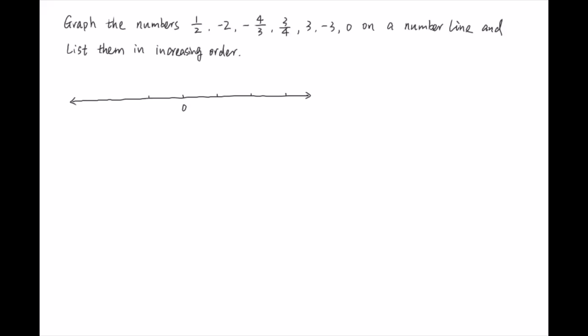Here's -1, -2, -3. Now we use the red color to graph these numbers on this number line. First number, 1/2, right here. Second number, -2, right here.